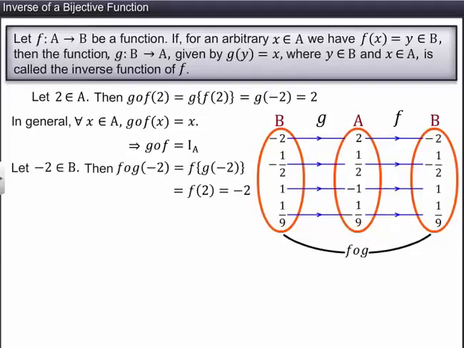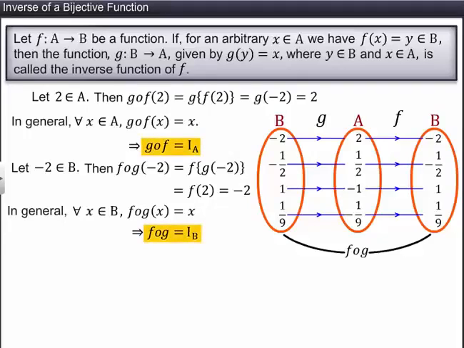Consider any arbitrary element, say -2, in set B. Then f circle g of -2 is equal to -2. Generally, f circle g of x is equal to x for all x belonging to set B. This implies f circle g is also an identity mapping on B. Here the composition of f and g, and g and f, is an identity mapping. Such a function f is said to be invertible.